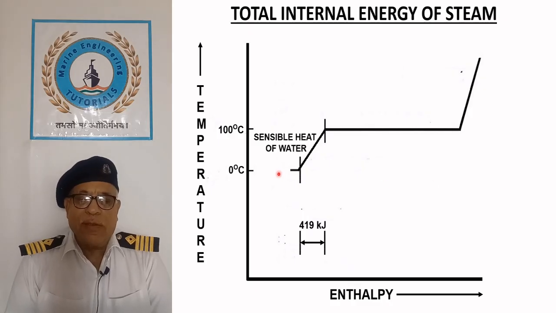We can observe that 419 kilojoule of sensible heat is added to each kilogram of water when it is heated from 0 degrees Celsius to 100 degrees Celsius at atmospheric pressure.